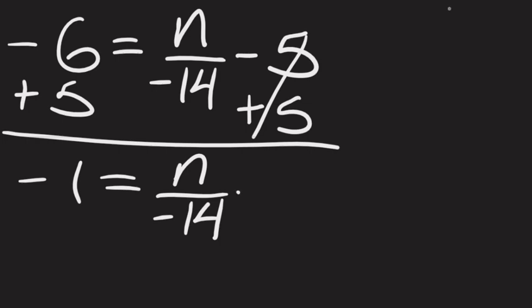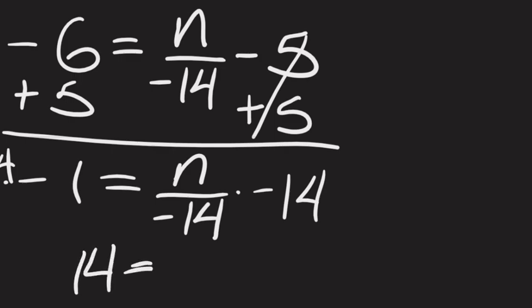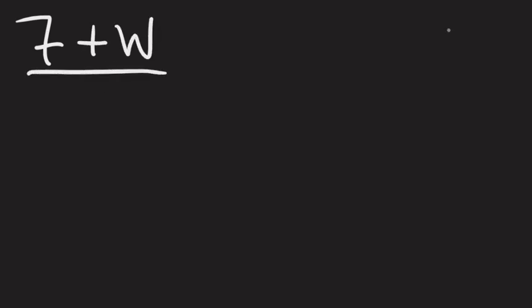Then to get n by itself, we're going to multiply both sides by negative 14. Negative 14 times negative 1 is positive 14, and that's going to be equal to n. Next we have 7 plus w over 6 equals negative 1.